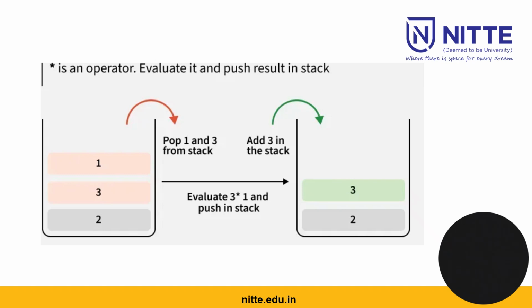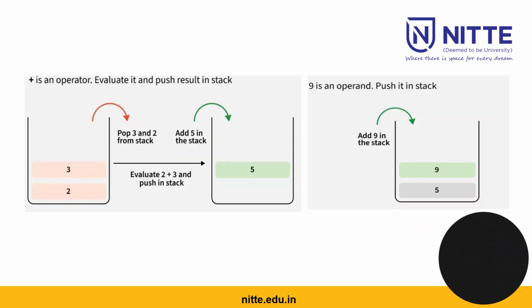Right now the top of the stack contains 3 and its next element is 2. Now we encounter a plus operator. Since it is an operator, we pop two elements from the stack and add them. The two elements are 3 and 2.